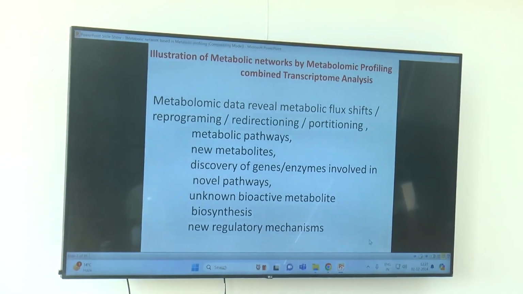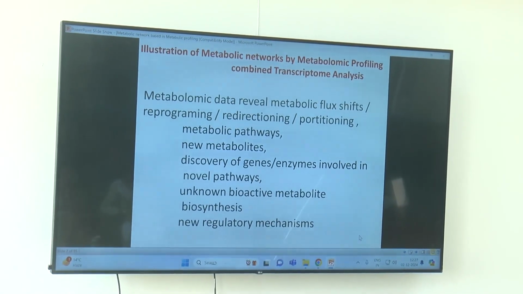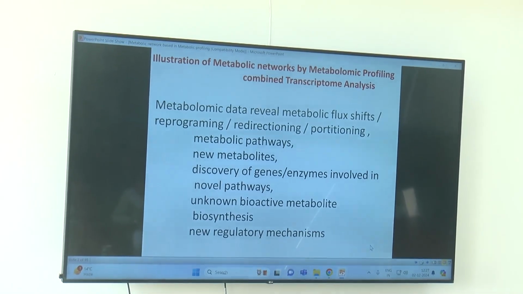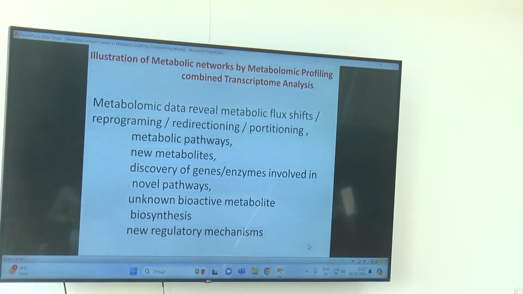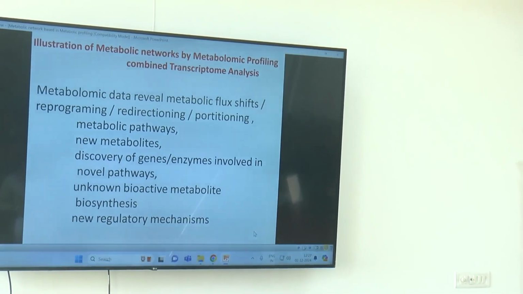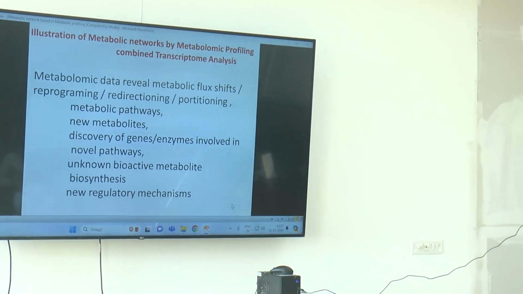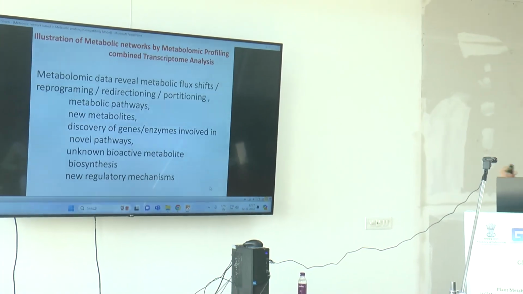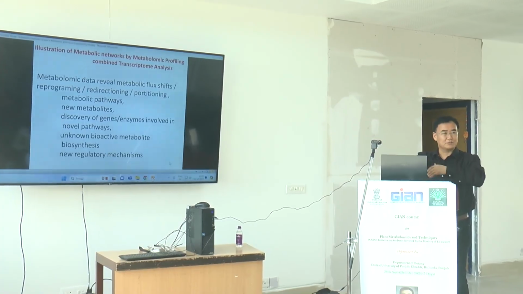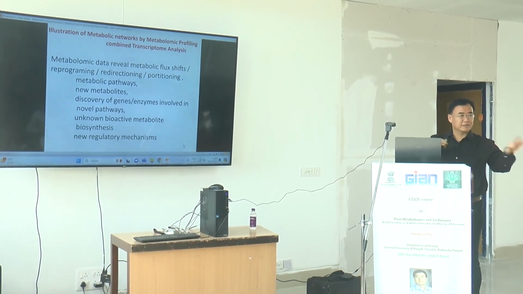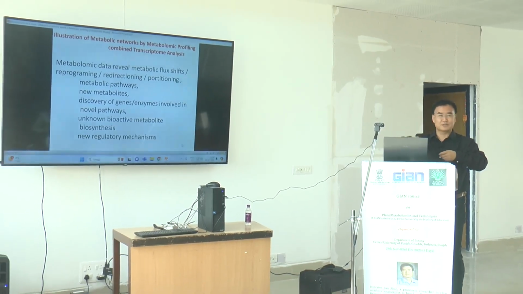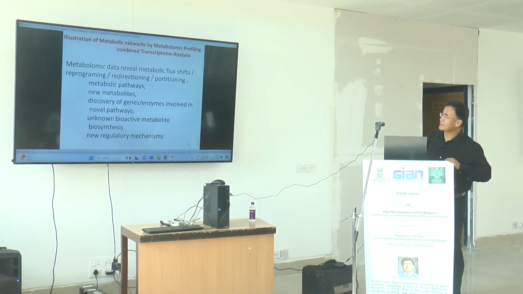Metabolomic data, I mean, you use those data to reveal the metabolic flux shift, reprogramming, or redirection, and also partition. All of this happens naturally until we use metabolomics tools to unveil how metabolites change in comparison with untreated or treated, or under different treatment and stress conditions.